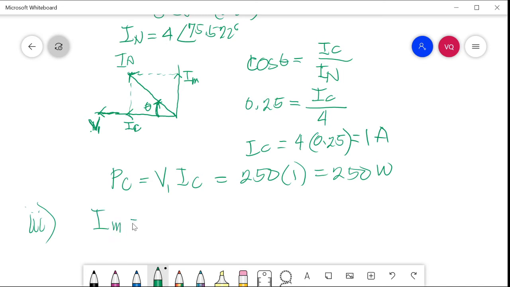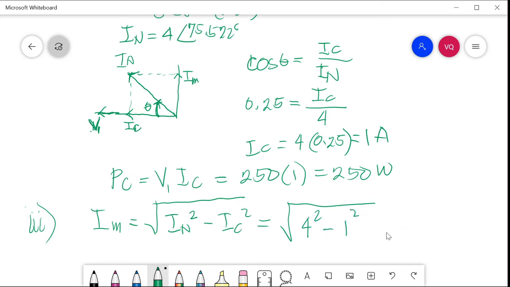IM is just the square root of IN squared minus IC squared, equal to square root of 4 squared minus 1 squared, equal to square root of 15 amperes or 3.873 amperes. So don't forget to write these examples in your notebook.